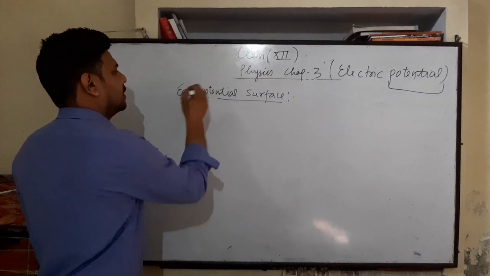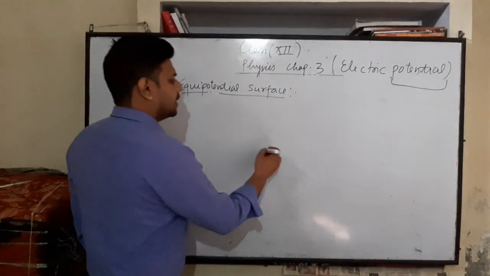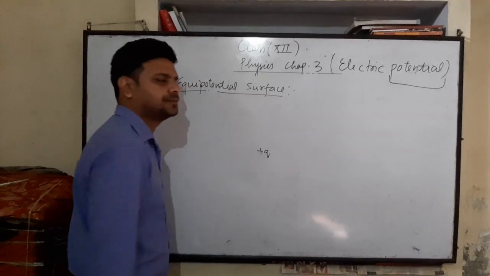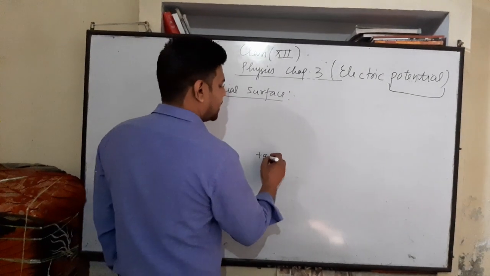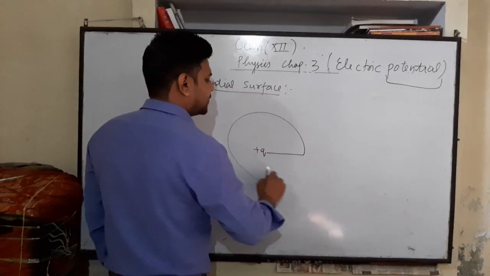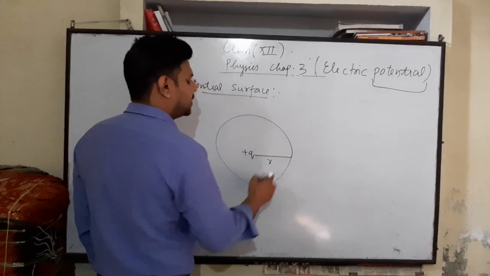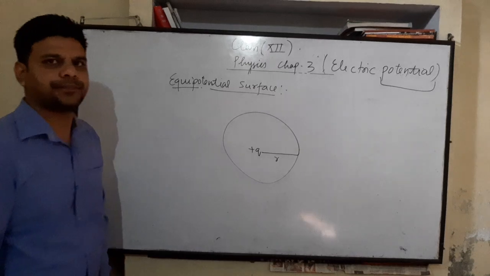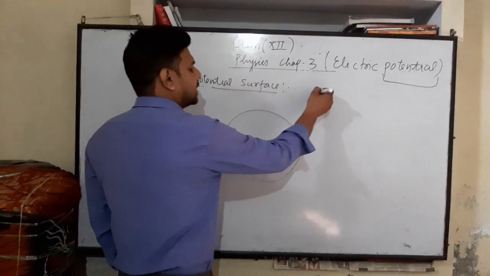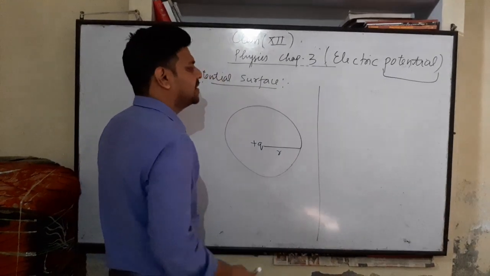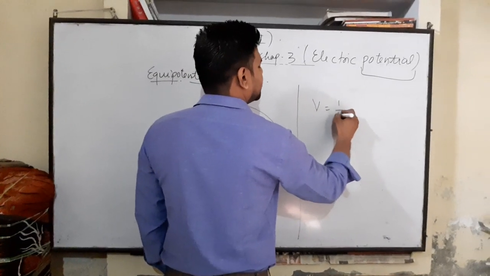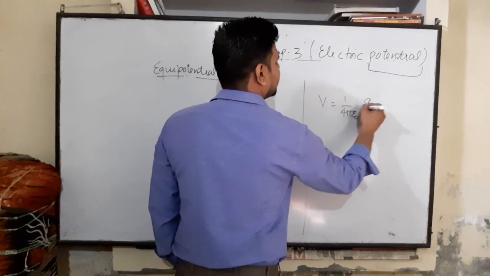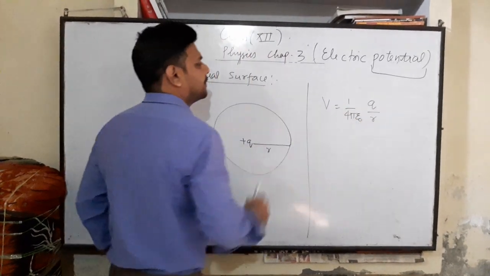Okay, consider a point charge Q and make a sphere of radius R around this point charge. In the last video, we have seen the potential due to a single point charge is given by this formula.